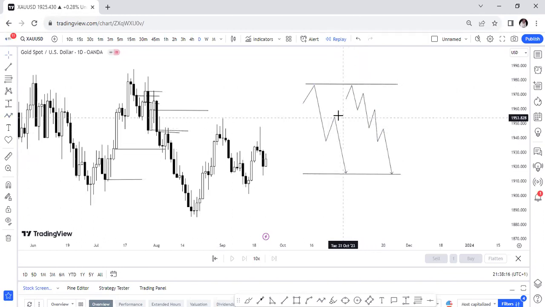What this means is that the pullback here in the daily will give this place much headache. And once price gets to this place in 4 hours, it will react.